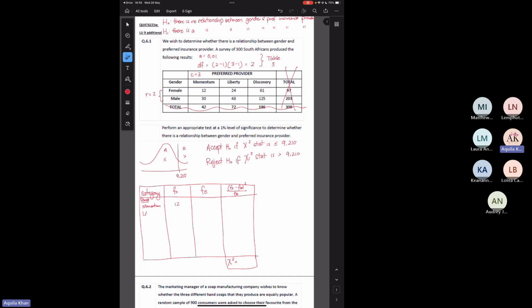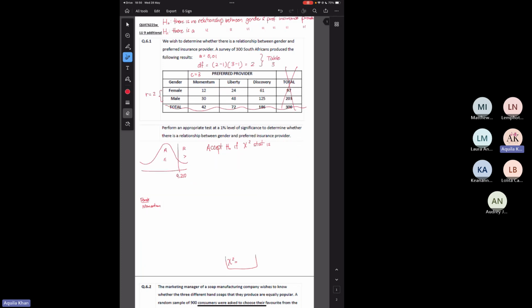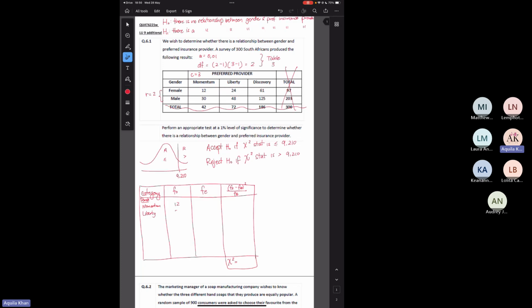The next one was Liberty. So Liberty was 24. So you're going to put in 24 here. And then the next one was Discovery. Again, you're just going across. So Discovery was 61.